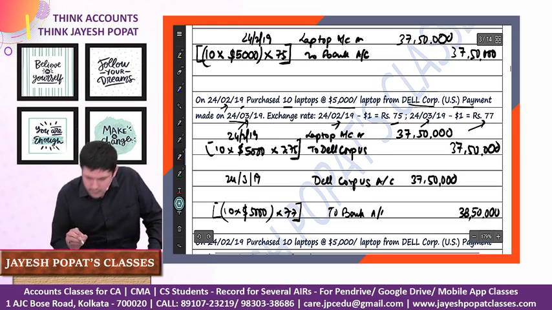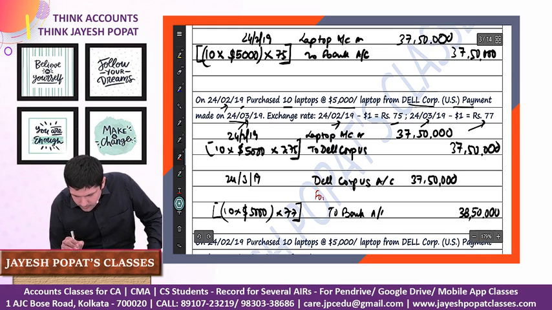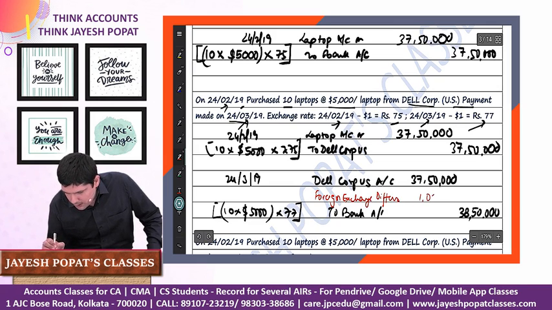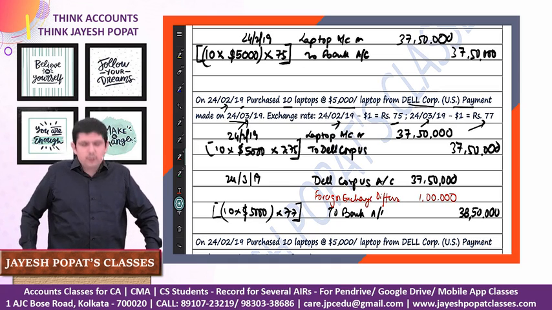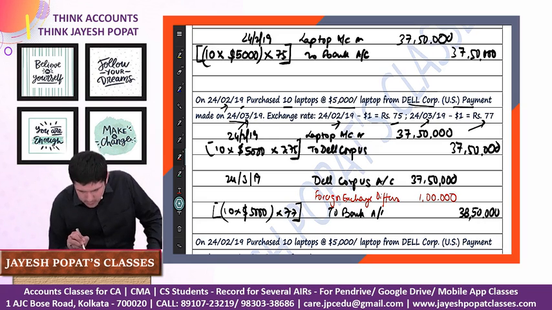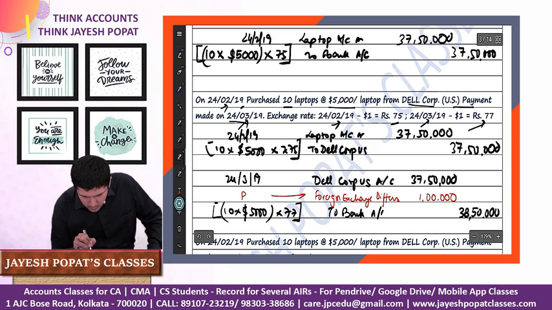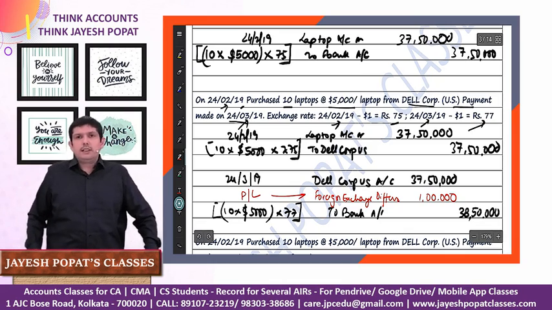So there is a loss. So we will say foreign exchange difference. This foreign exchange difference is 1 lakh, which is basically the movement of $2 into $50,000. 1 lakh rupees is the foreign exchange loss, and this foreign exchange difference will be closed by transfer to the profit and loss account.